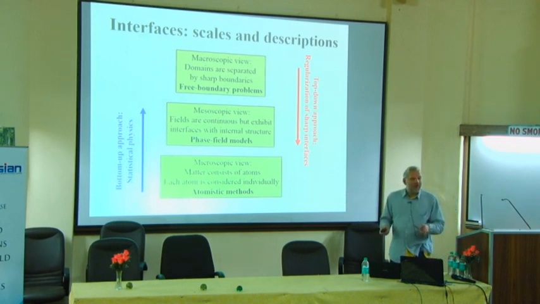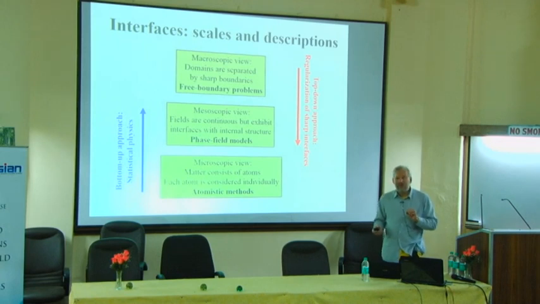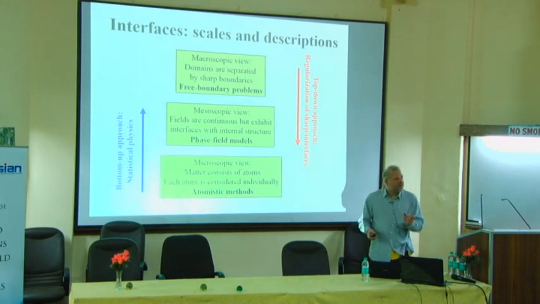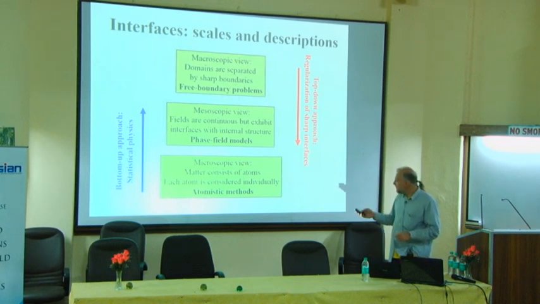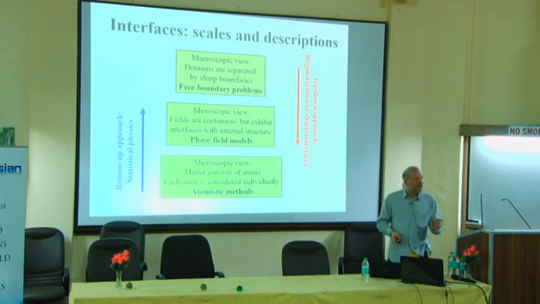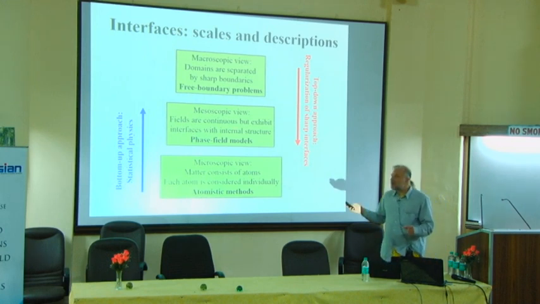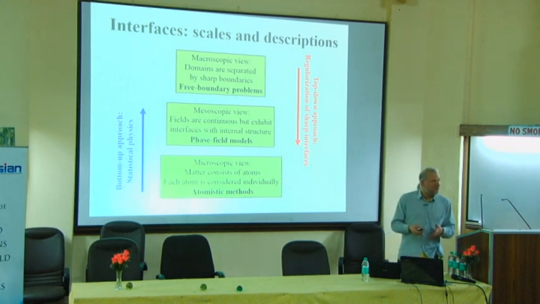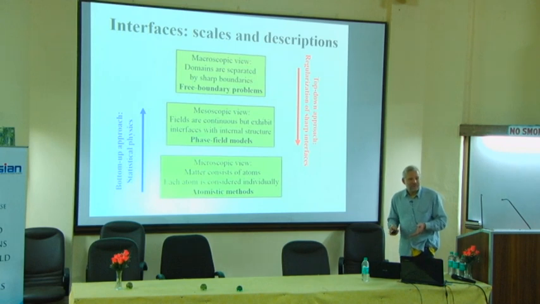And of course, it has to have interfaces, and these interfaces are continuous. That is, the field varies continuously from one value to the other, but the interfaces are localized and have a fixed thickness. So these are continuous interfaces that have an internal structure. So it's interfaces with a finite width, but they are localized in the sense that they occupy only a small fraction of space.